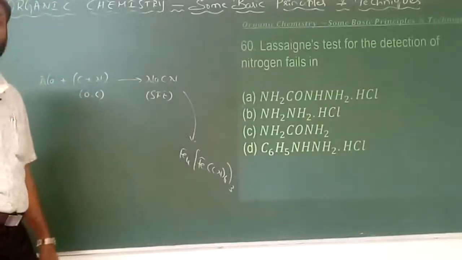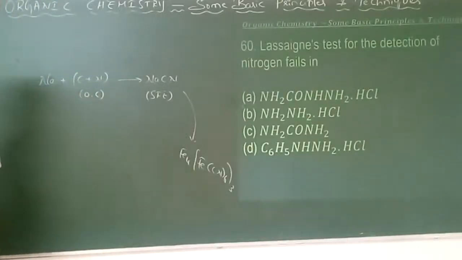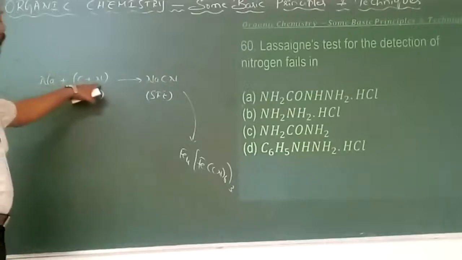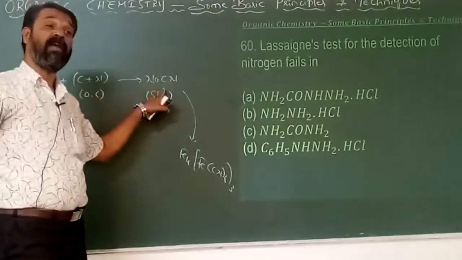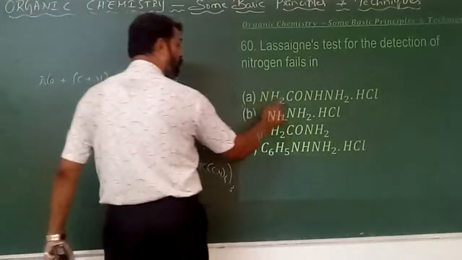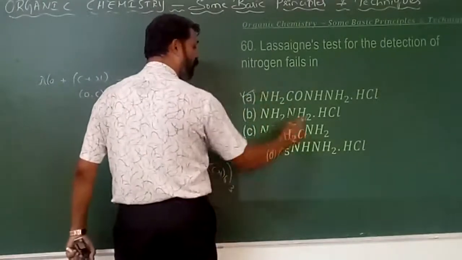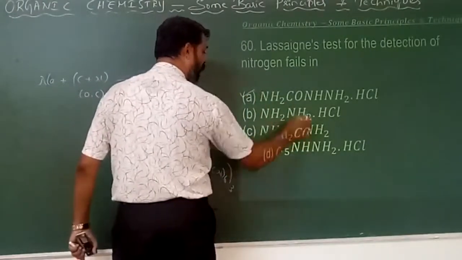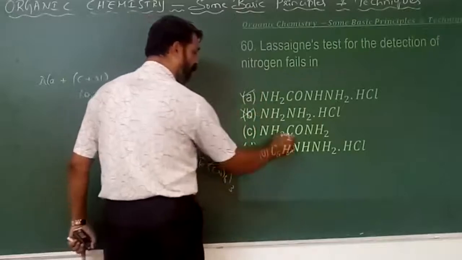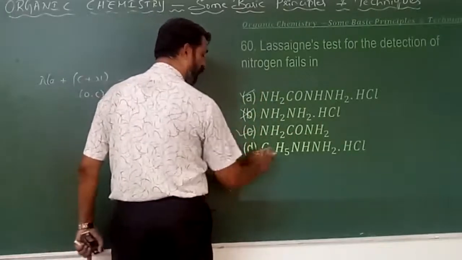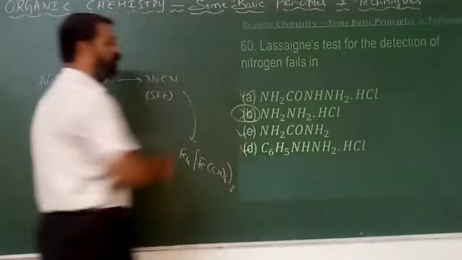Carbon and nitrogen. If only nitrogen is present, it is not correct. It is carbon along with nitrogen that gives the formation of cyanide. Therefore, carbon and nitrogen. This is also possible. Therefore, the option is correct.